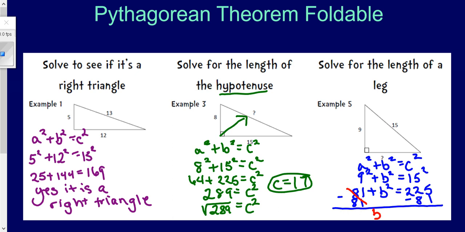So I'm going to be left with b squared equals 144. Well, if the area of the square equals 144, I know I need to square root it to get b. So the side length of my square, and therefore the side length of my triangle, will equal 12.